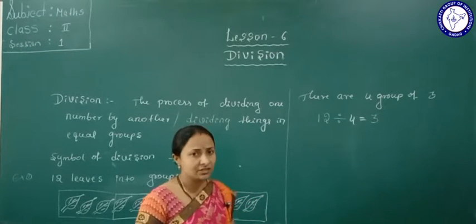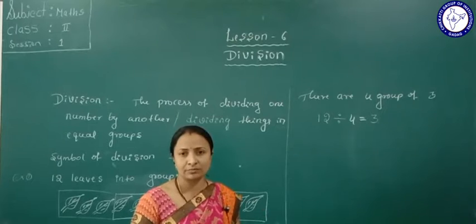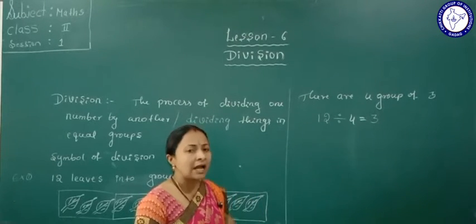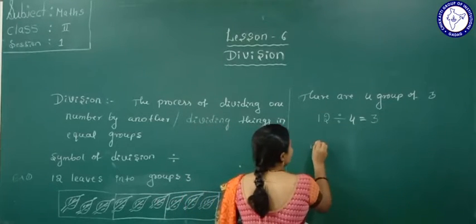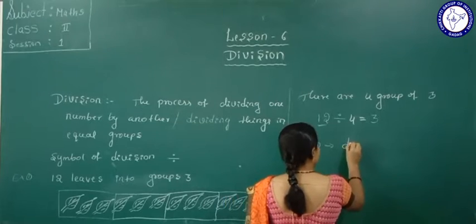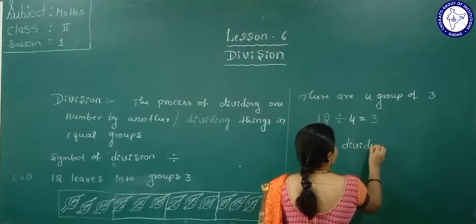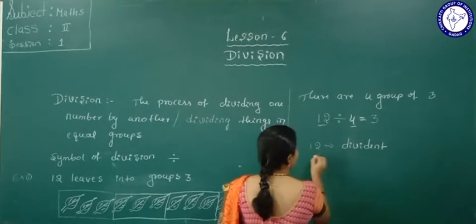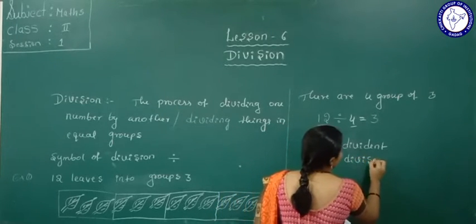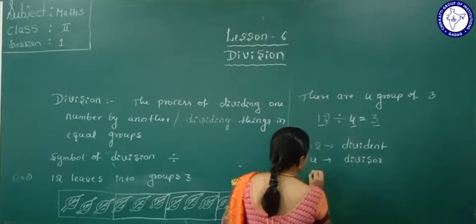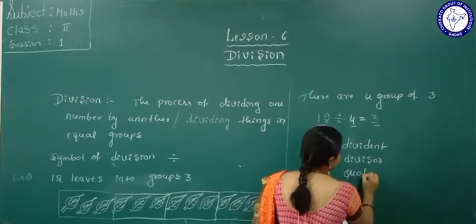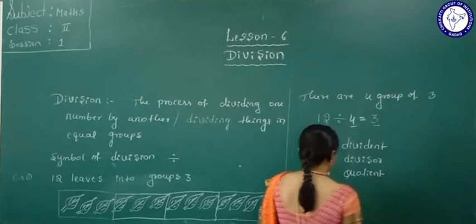In the multiplication method, you learned multiplicand, multiplier and product. Like that, in the division method, this 12 we call the dividend, and this 4 we call the divisor, and this answer 3 we call the quotient.